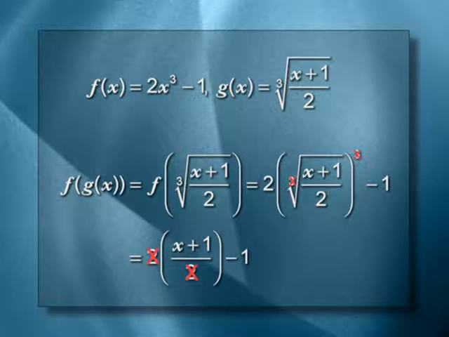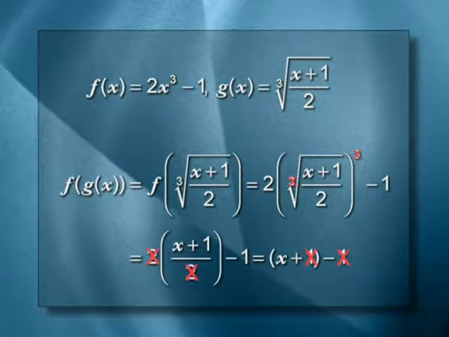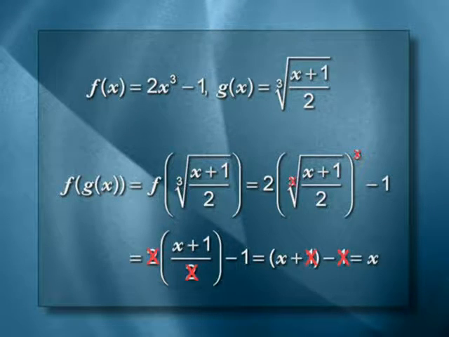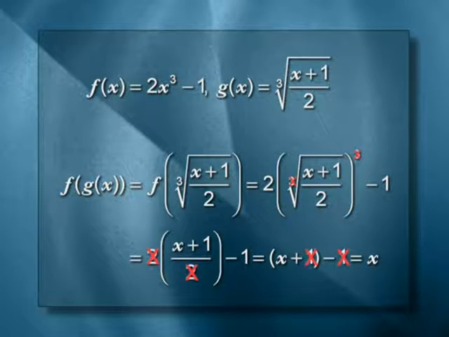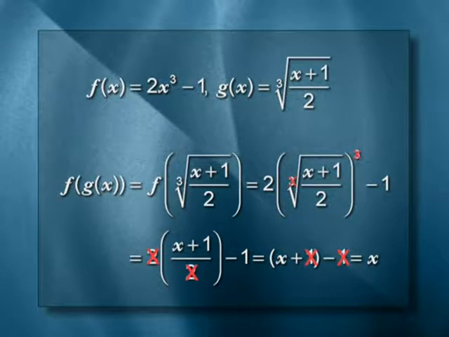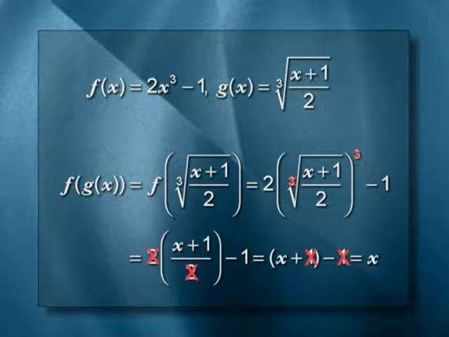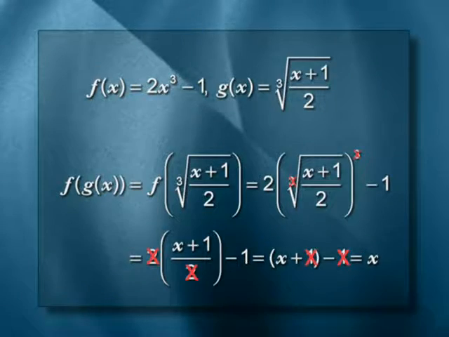The 2's cancel, and we're left with x plus 1 minus 1. And now the 1's cancel. Lo and behold, we're back to x. So indeed, the composition yielded x, and I'll invite you to show that the composition the other way also gives x, and we've then verified that f and g are indeed inverses of each other.